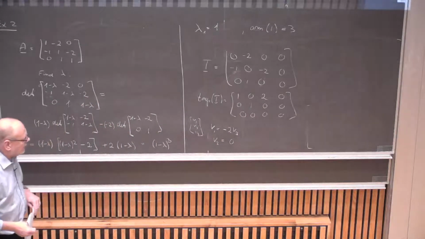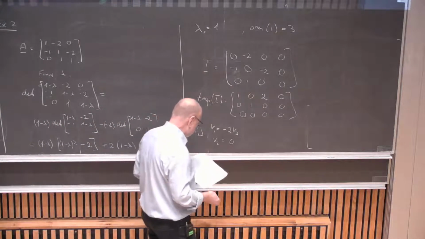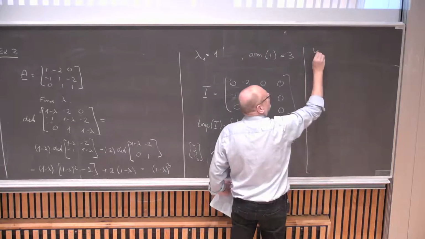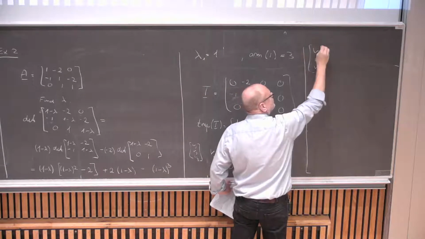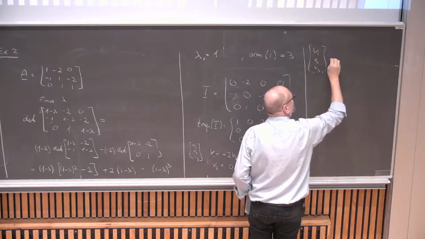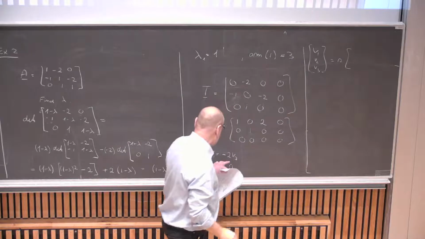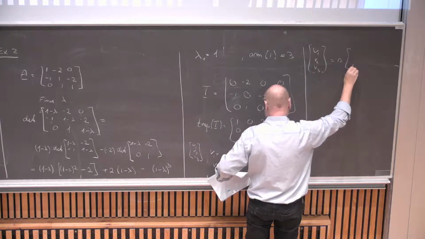So you can then write down the solution to this system, and it will be the free parameter. And then V3 is the free parameter, so that'll be a 1.